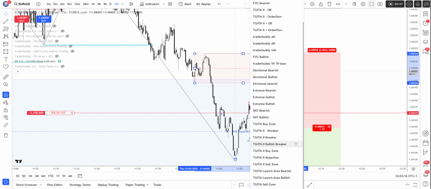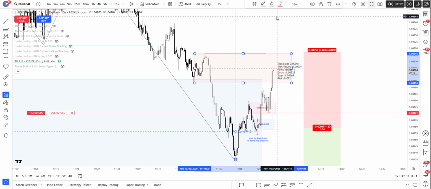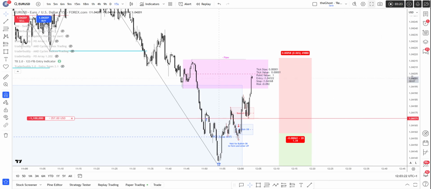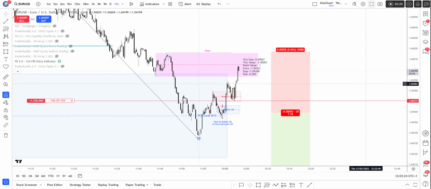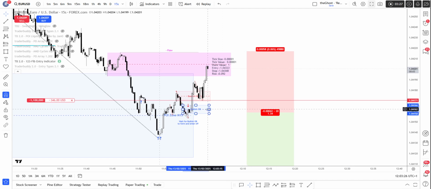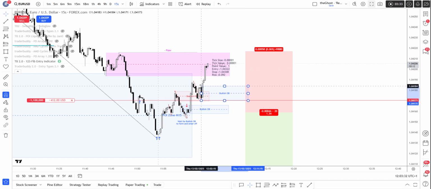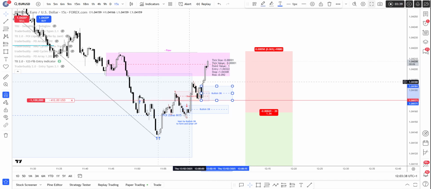Where is my bearish order flow? Okay, here it is. So now I would like to see a return and then take out this order block. Or we have a new order block formed here. So we take out the low, and then we take out that high.